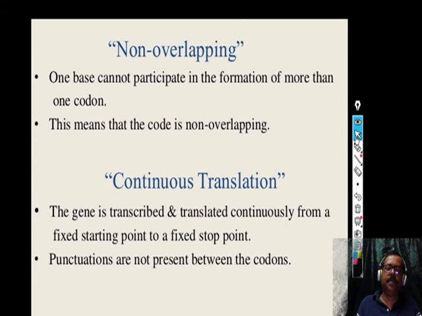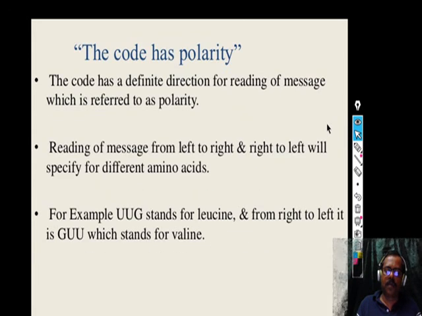Next, the code has polarity. As I have already mentioned, the genetic code is also read from 5' to 3' in direction. So the codon has a specific polarity, otherwise different amino acids will be coded.